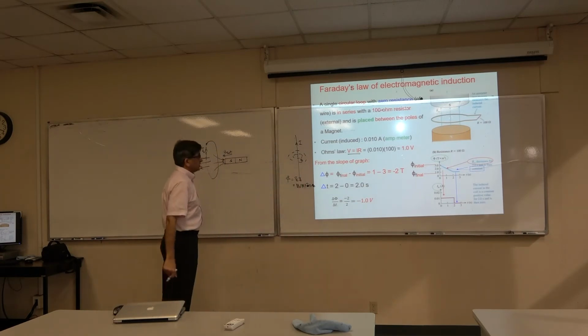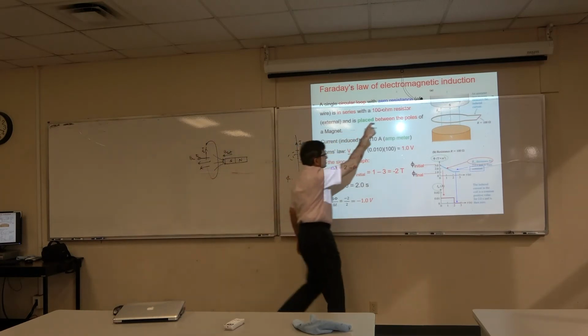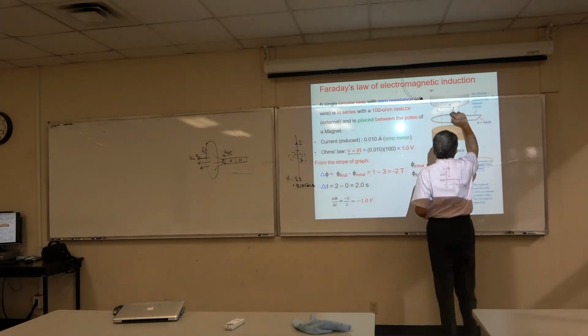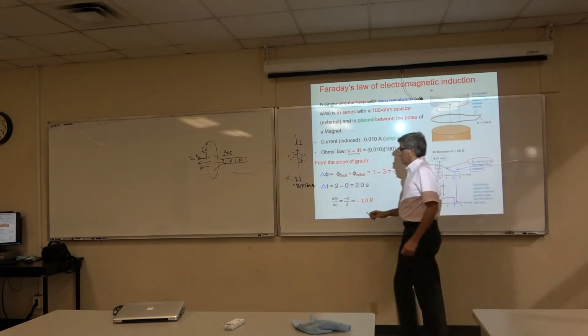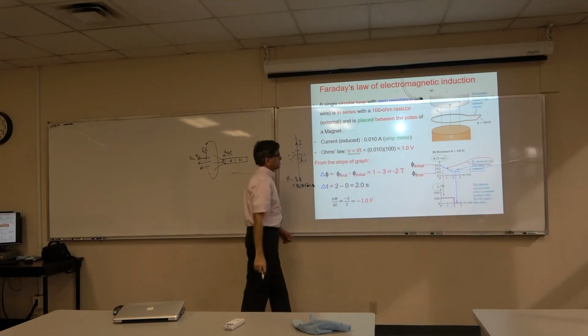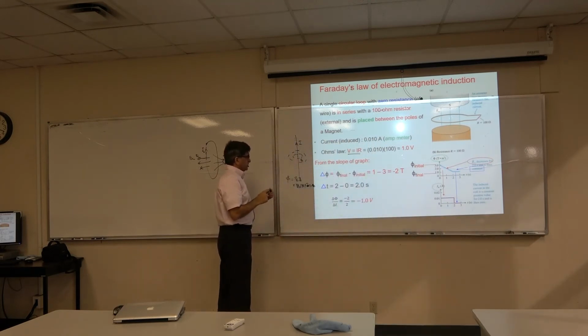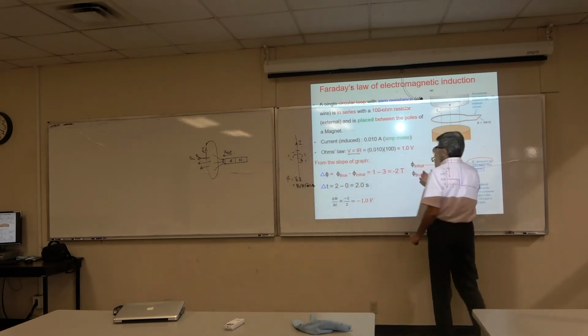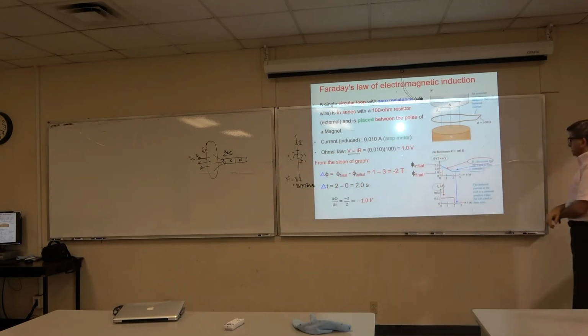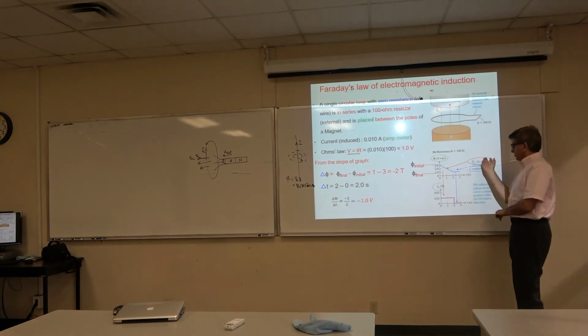The normal to the area vector of this coil is like this, and then the magnetic field lines, so that will be the flux. Now, of course, this flux changes from an initial value to a final value. Let's say to start with it was 1 Weber, and then goes to the final value.